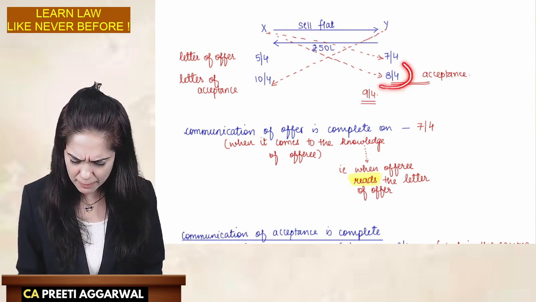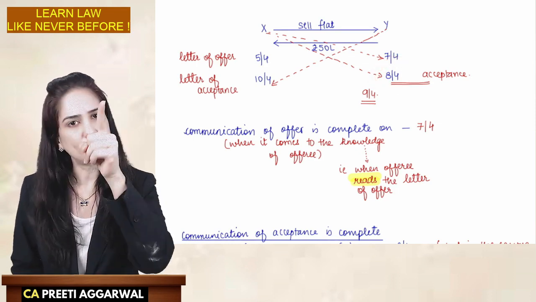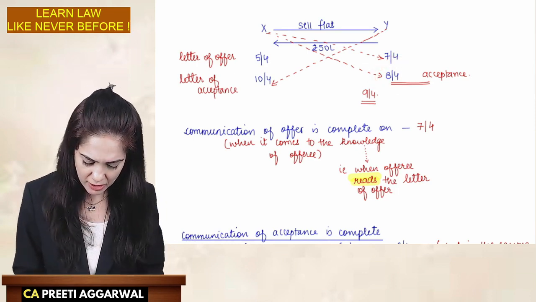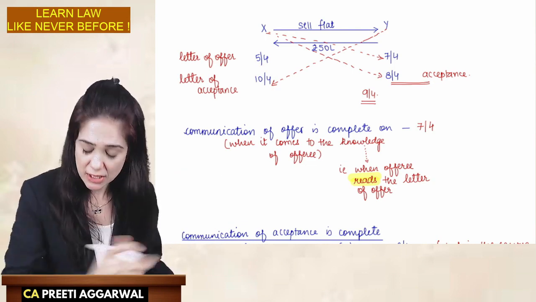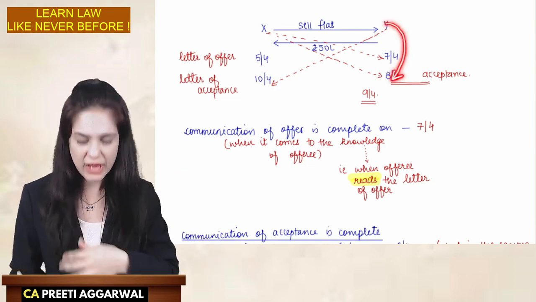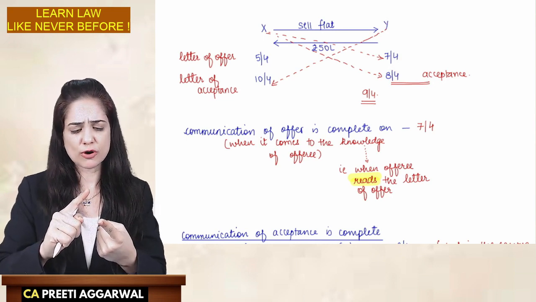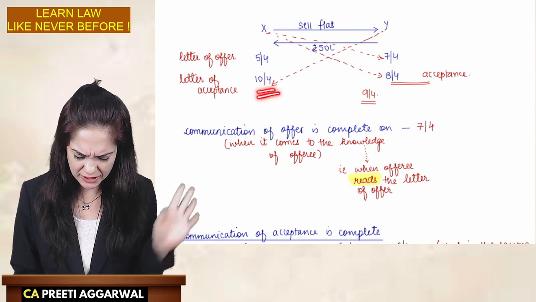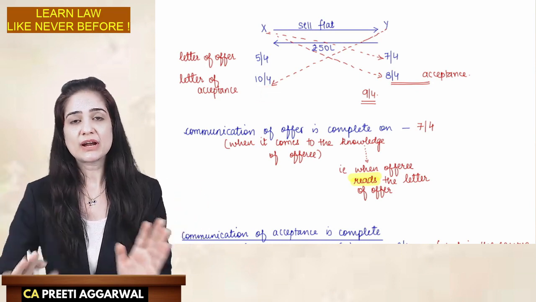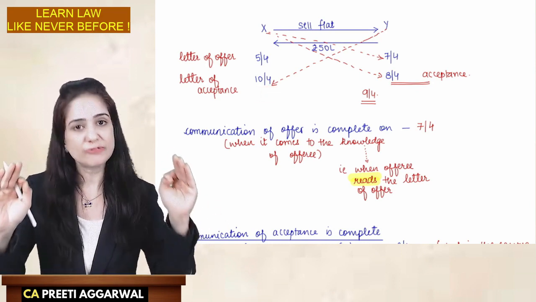X, you are bound on 8th. That is when Y posts it. And Y, you are bound by the contract on 10th when the letter reaches X. So now technically Y, you have time for revocation on 8th, 9th, and before it reaches X. So we are allowing both the parties proper time for revocation.